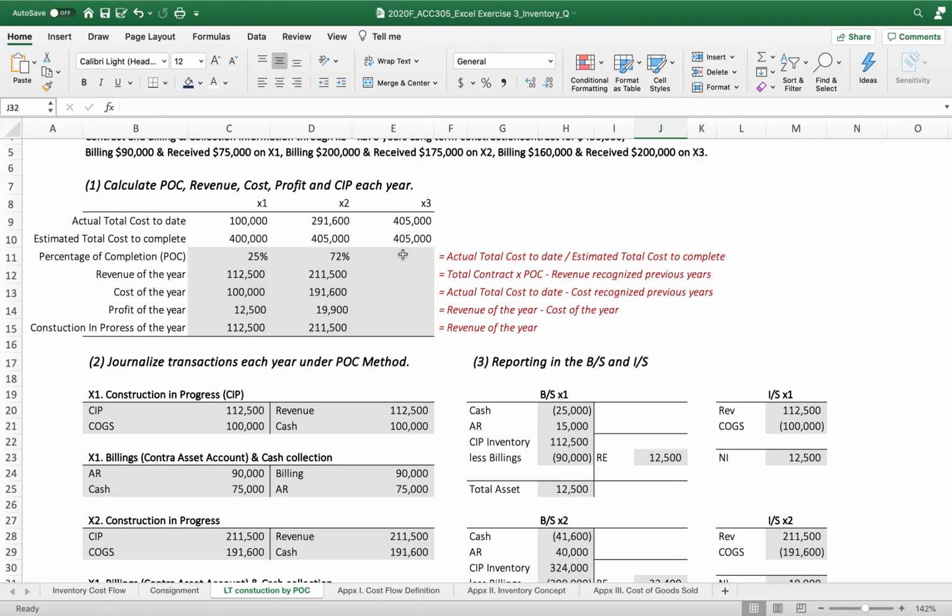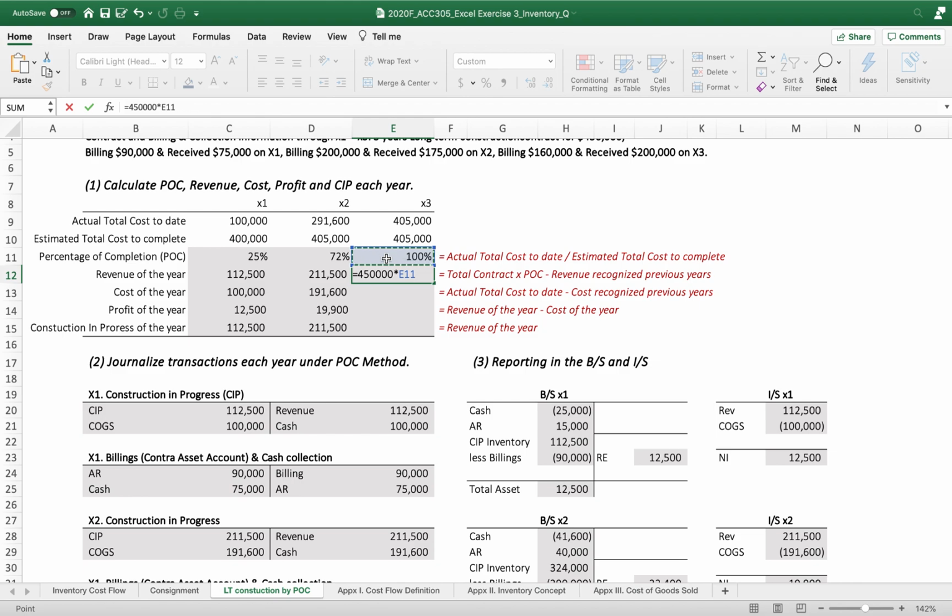Then finally, the third year, completion done, right? The revenue of the year is now 450,000 contract times 100%.